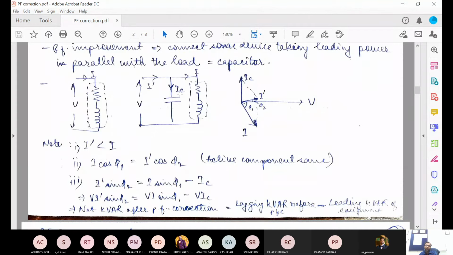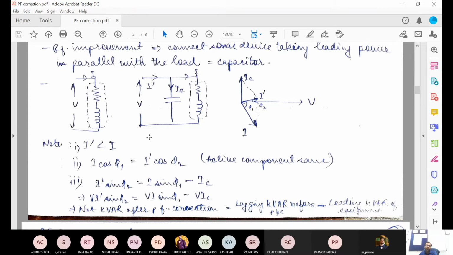Okay, and due to that, as you can see from the phasor diagram also, as Nitish said, you can look at it in terms of the phasor diagram, or as Rajat also said, basically one is lagging, another is leading. So they'll have a cancellation in terms of their components.